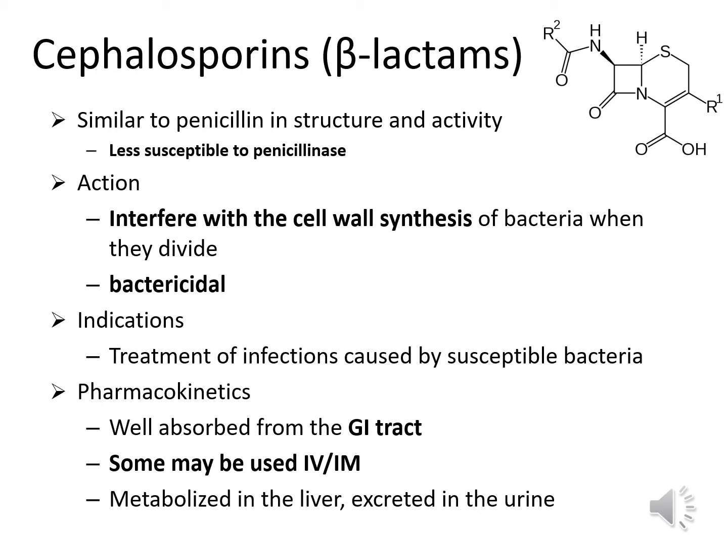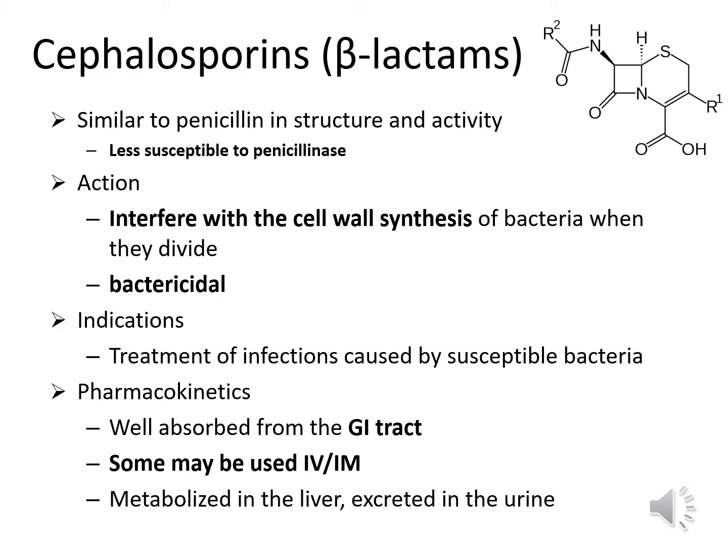Again, I don't expect you to be medicinal chemists, and I won't test you on the structure of these items, but I want you to realize there's a beta-lactam involved. These are very similar to penicillin in structure and activity, but the reason they are so popular is they're less susceptible to penicillinase.